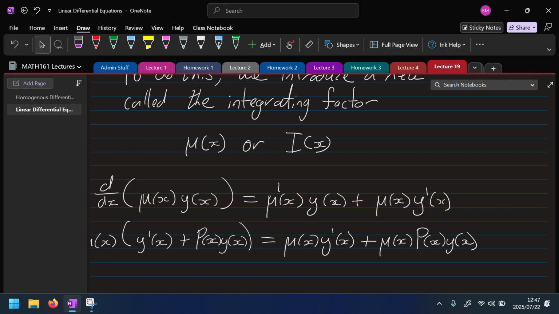So in equation 1, I'll put that in pink, we've got this mu times y prime. And here we have mu times y prime. Okay, those are equal. Now, if these two equations are to be equal, the pink ones are already equal, it means the other two must also be equal. So let's put that in blue.